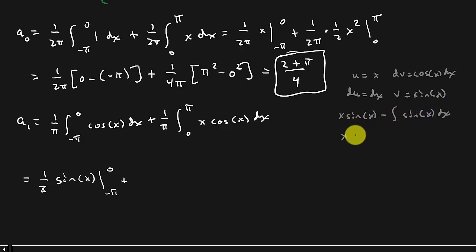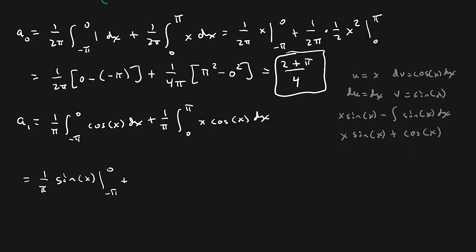So that's x sine x minus, okay, well, what's the antiderivative of sine? The antiderivative of sine is negative cosine. So the negative and negative are going to make a positive. So plus cosine x. So when we integrate this thing, this is what we get.